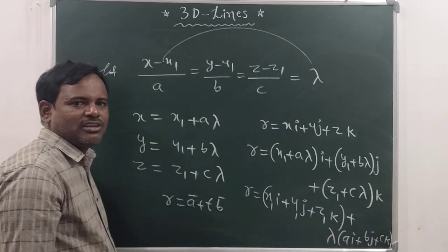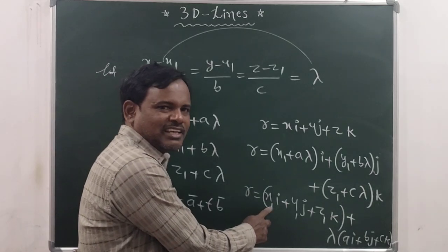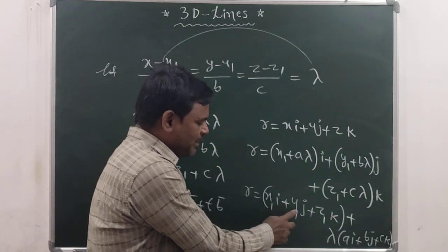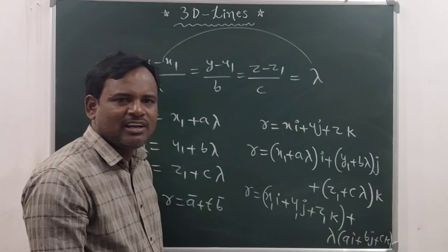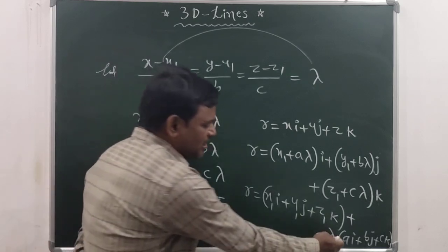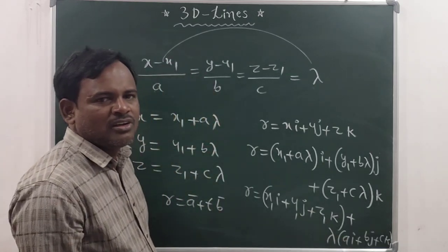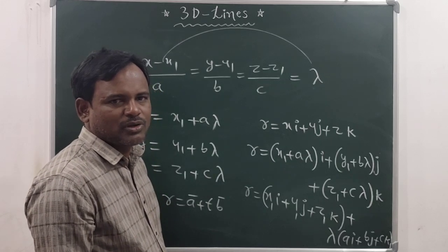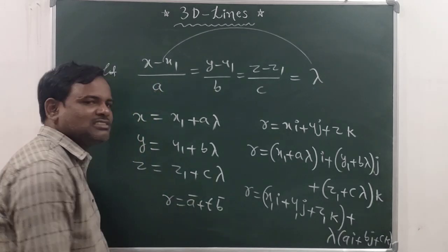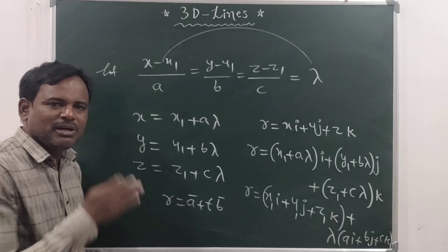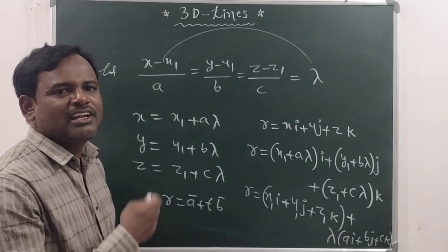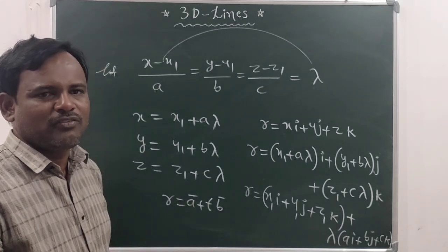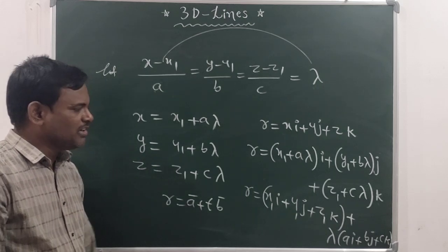Here also, this can be called as equation of a vector passing through a point x1 comma y1 comma z1 and parallel to a vector ai plus bj plus ck. Okay students, see this is the way to convert symmetrical form of a 3D line into the vector form of a line.